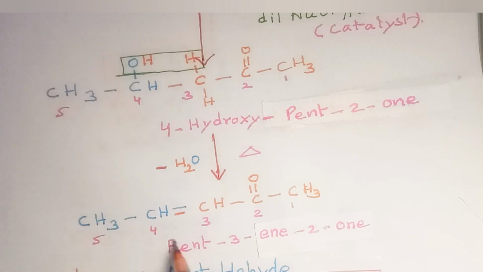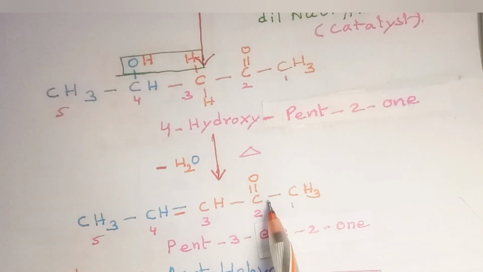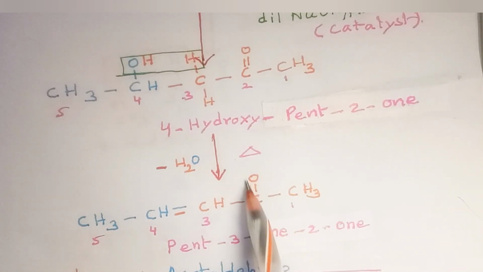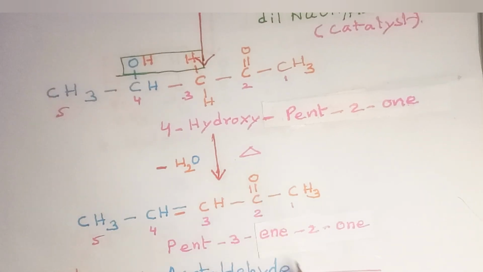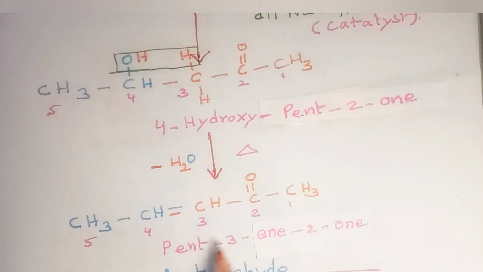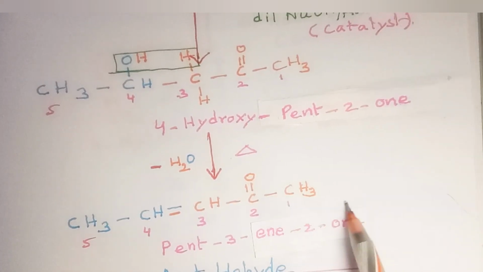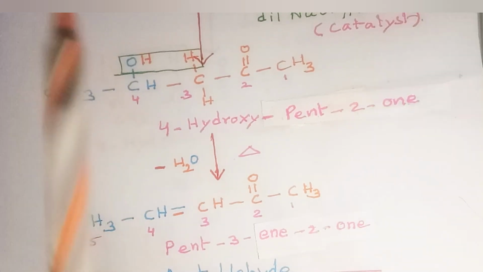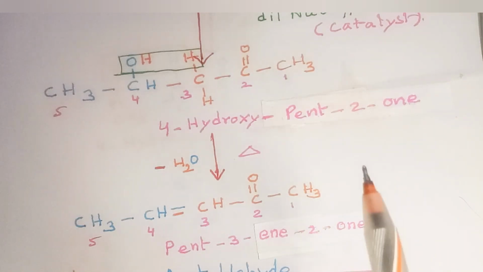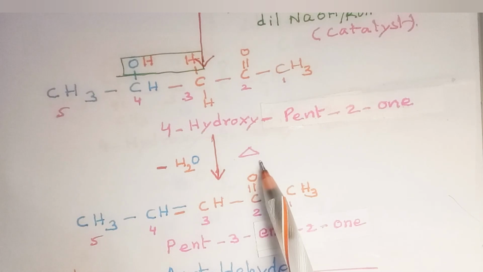So the compound's name will be pent 3-ene 2-one, because the second carbon has the functional group of ketone. So pent 3-ene 2-one is the aldol condensation product formed when acetaldehyde and acetone are treated with dilute alkali in presence of heat.